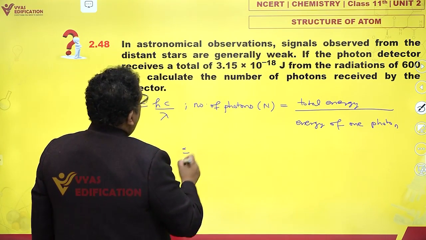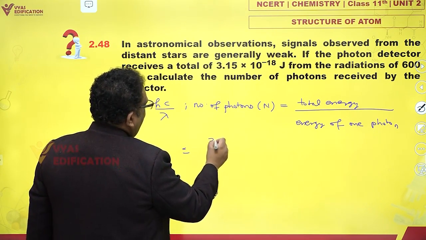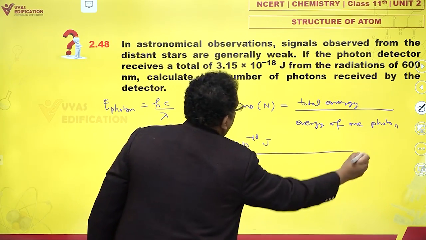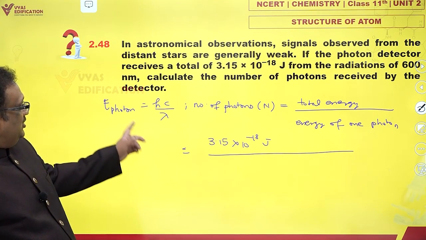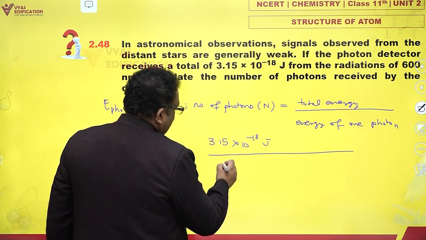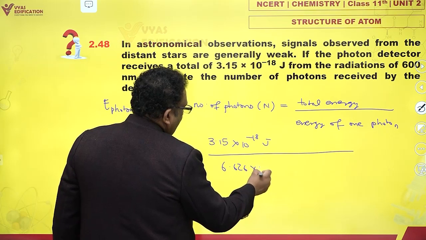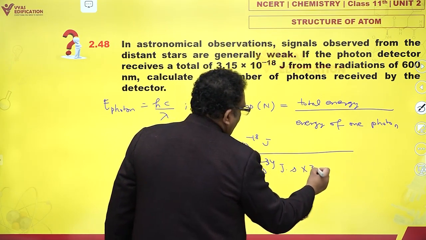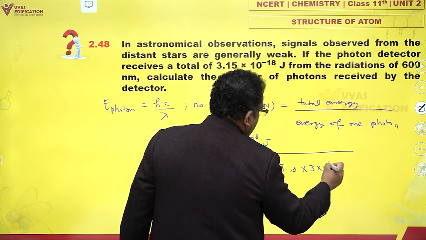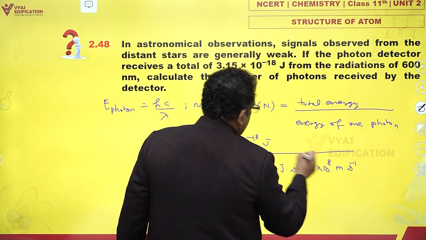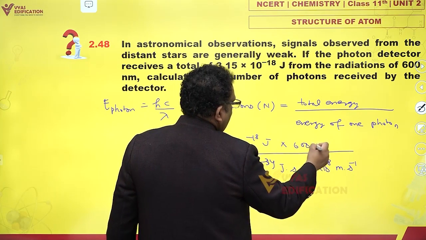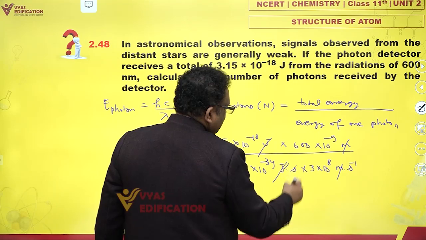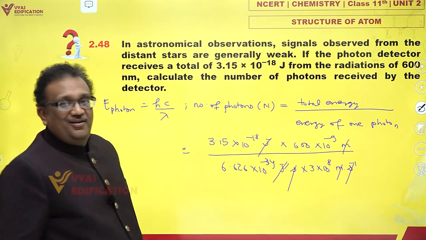Total energy is very weak, 3.15 into 10 raised to minus 18 joules only, oh my god. Divided by energy of one photon, hc by lambda, h 6.626 into 10 raised to minus 34 joule second into 3.0 into 10 raised to 8 meters per second. Lambda is 600 nanometer. Meter, joule, second go off.